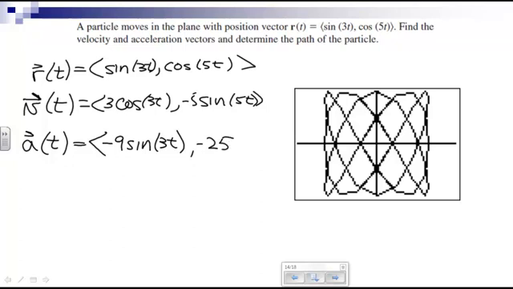Again, this is giving position, find velocity, find acceleration. But there's no reason why I couldn't start at the velocity and ask for position, which is a pretty typical AP problem.